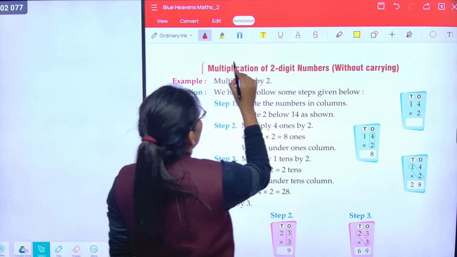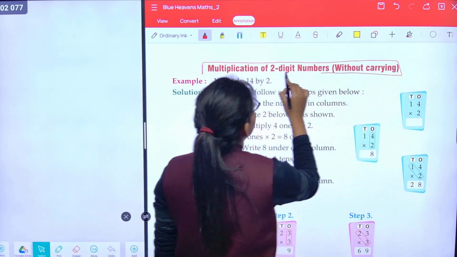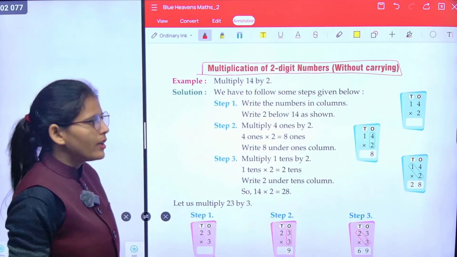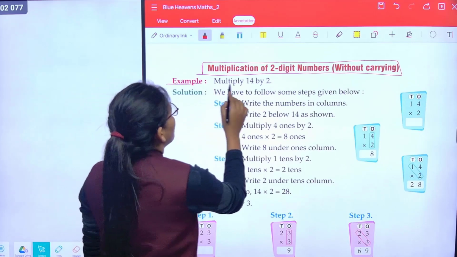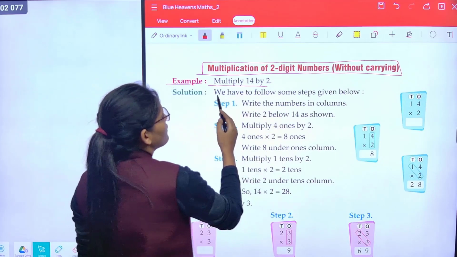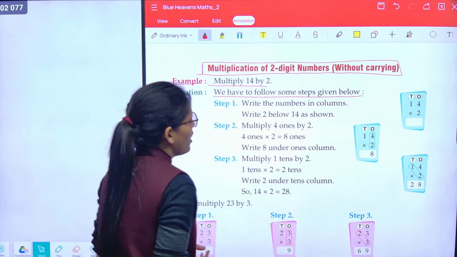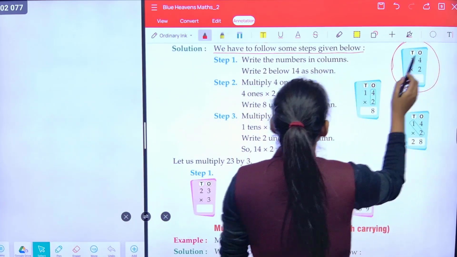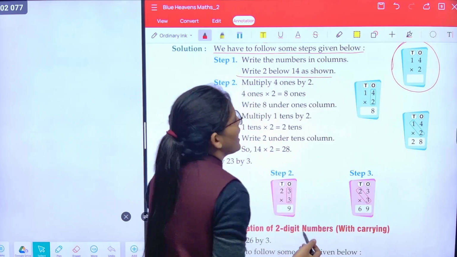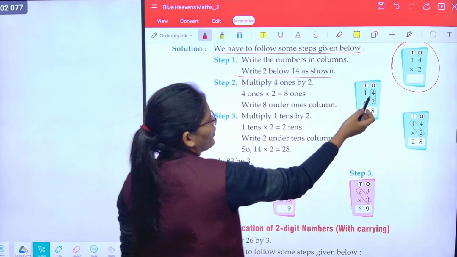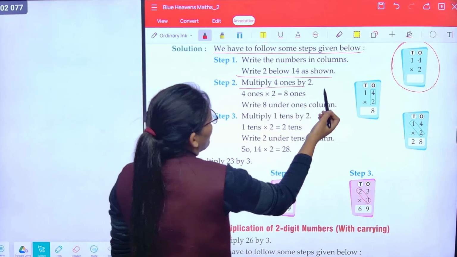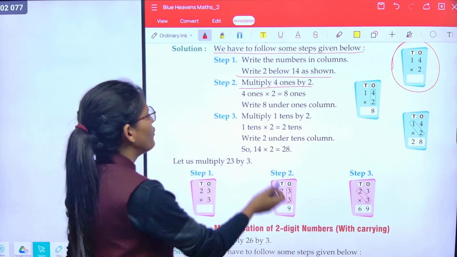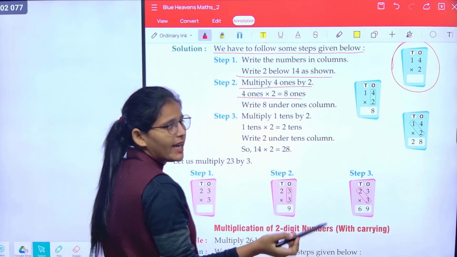Now class, multiplication of 2-digit numbers without carrying. Example, multiply 14 by 2. We have to follow some steps given below. Write the numbers in columns like this. Write 2 below 14 as shown. Multiply 4 ones by 2. 4 ones multiplied by 2 is equal to 8 ones.